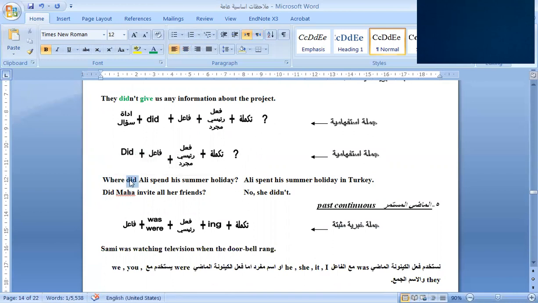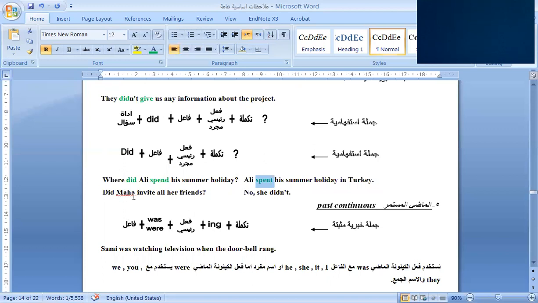Where أداة السؤال هنا. did دخلناها حتى تكون جملة استفهامية يسبق الفاعل علي، وspend هو الفعل الرئيسي المجرد أصبح مجرد بسبب وجود did. إذا تلاحظ بالإجابة من جاوبنا نجاوب طبعا جملة خبرية، فنرجع الفاعل بمكانه بدأت الجملة علي spent. هذا من الأفعال الشاذة spent. فمن حذفنا did رجعنا الفعل إلى الماضي بعد، فصارت: Ali spent his summer holiday in Turkey. علي قضى عطلته الصيفية في تركيا.